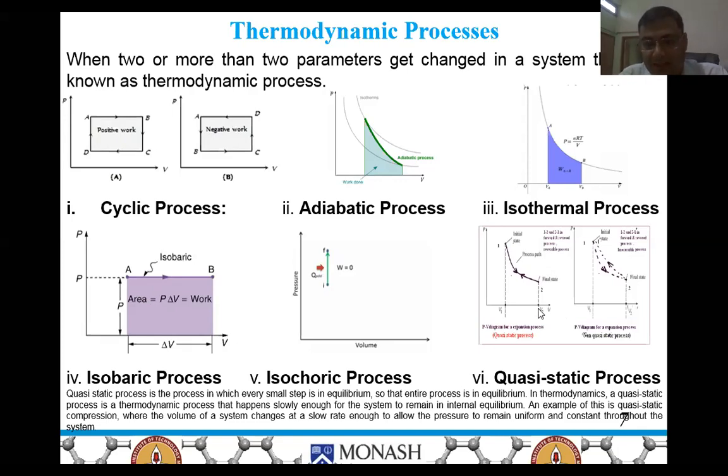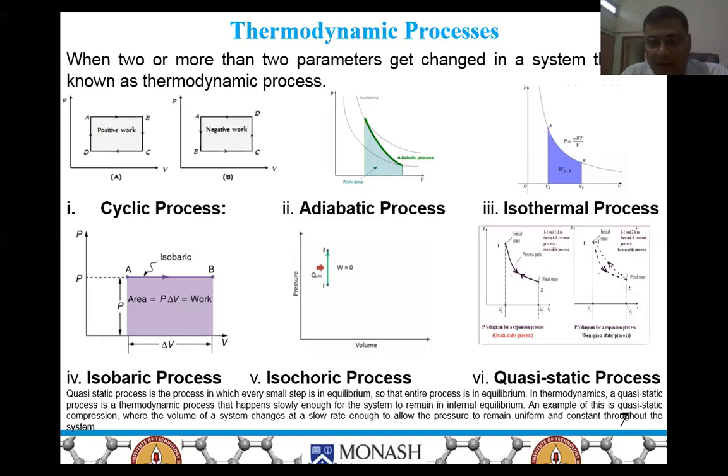Now quasi-static process. If this curve is continuous, then it is a quasi-static process. And if it is a discontinuous curve, then it is a non-quasi-static process, though it is the same process. A quasi-static process is the process in which every small step is an equilibrium, so that the entire process is an equilibrium.